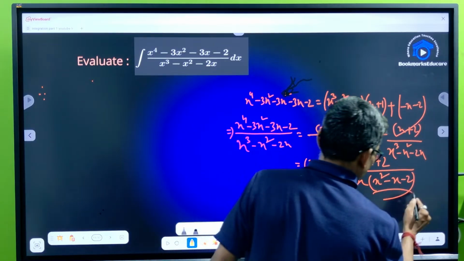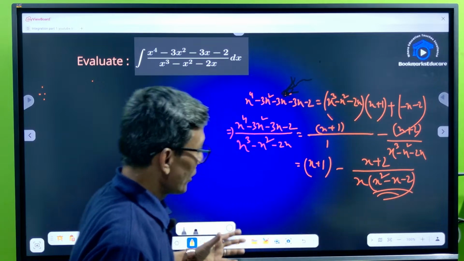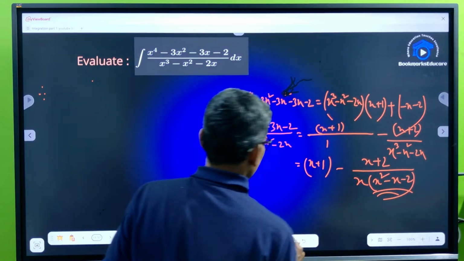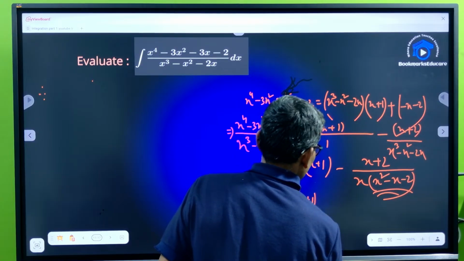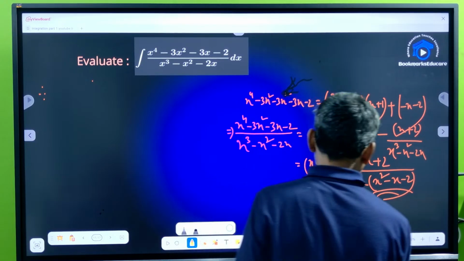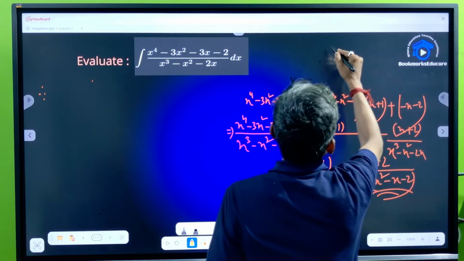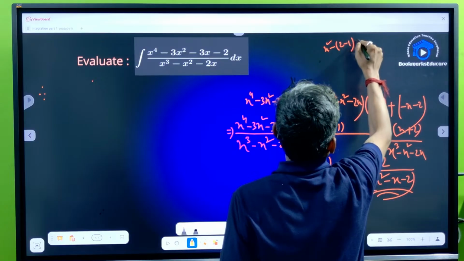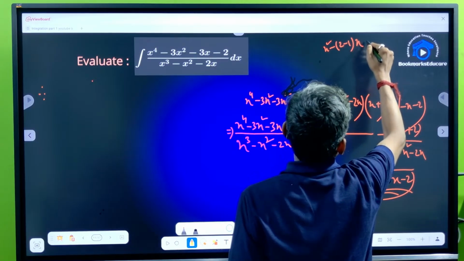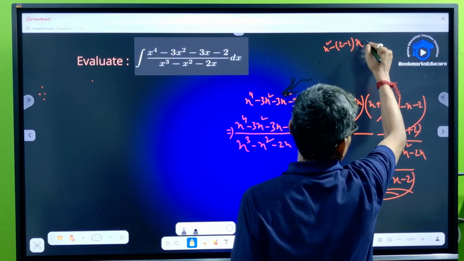Minus x minus 2, and this can be resolved into factors. This portion can be resolved into factors. So x plus 1 minus, x square minus 2 minus 1 into x minus 2.